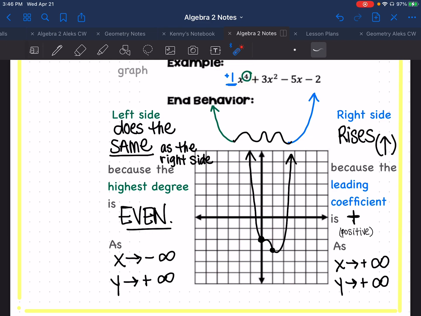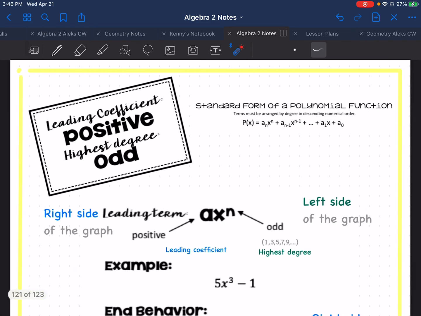All right, so what happens when my leading term is positive still and my highest coefficient is odd? Remember, we're still going to be looking at this leading term, and you have to make sure you're in standard form, which means we are in descending numerical order with our exponents.